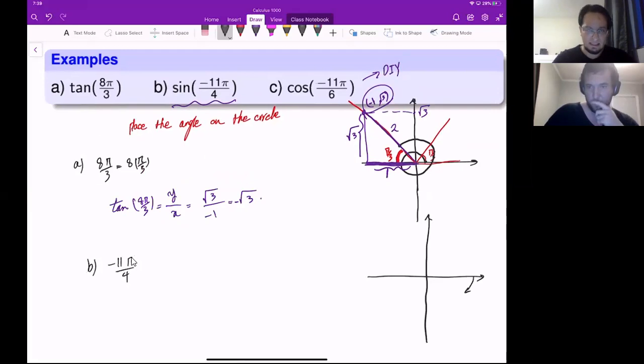Okay, so let's see. We have negative 11 pi over 4. Being negative means that we have to go clockwise. And 11 over 4 means that we have 11 pieces of pi over 4. Pi over 4 is half of pi over 2.